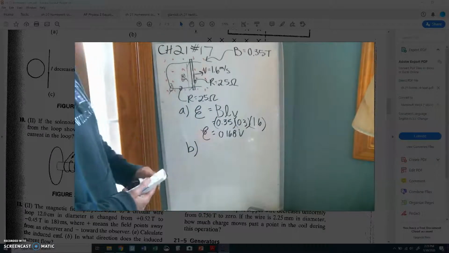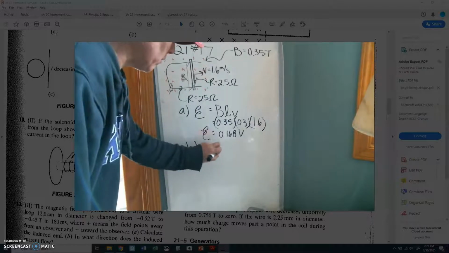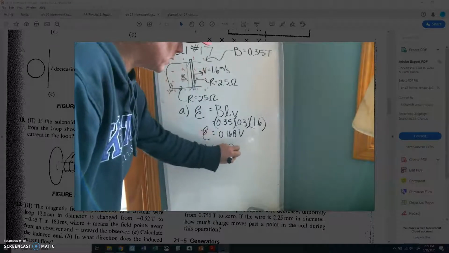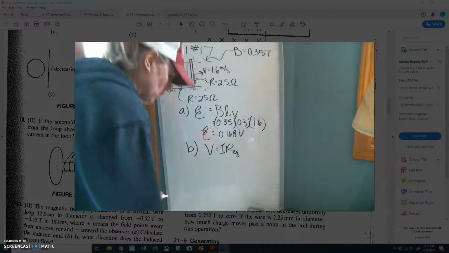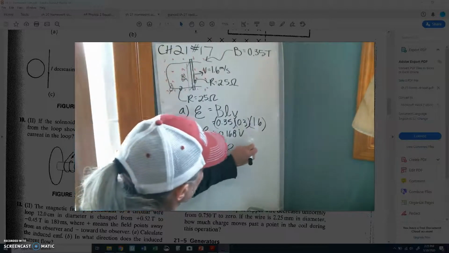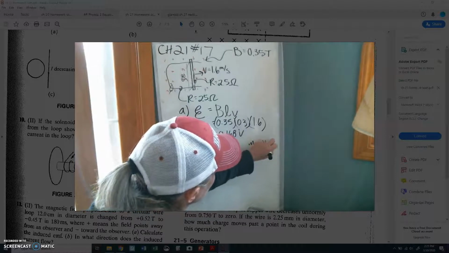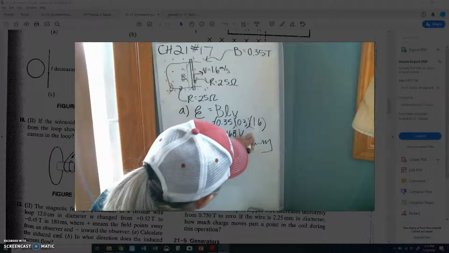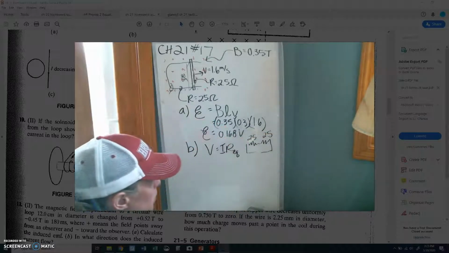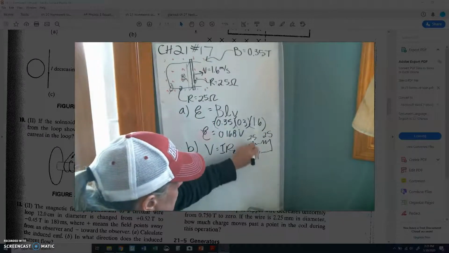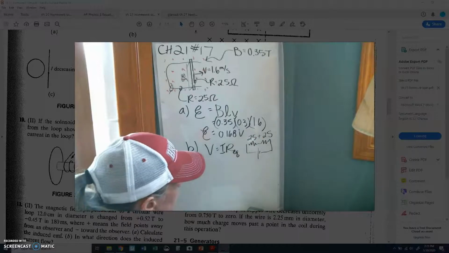On B, we're wondering about current, and that's going to be V equals IR, but it's the equivalent resistance. I've got a 25 and a 2.5 ohm resistor. So my equivalent resistance is just this plus this.